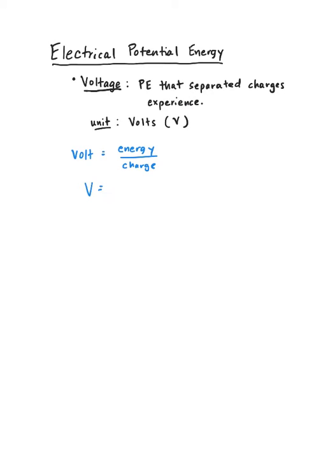Or V is equal to E over Q. Thus, the potential energy for electricity, volts, is the same as a joule per coulomb. Capital J, joules. Capital C, coulomb, our unit of electrical charge.